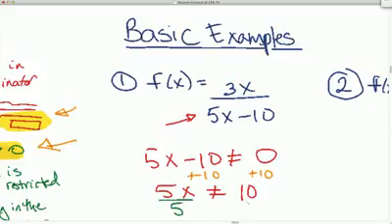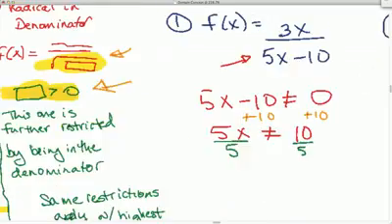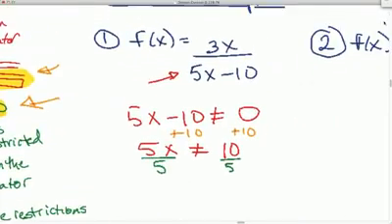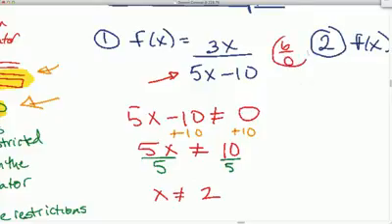That 5 is multiplied, so to undo the multiplication, you divide both sides, and you end up with x cannot equal 2. So everything is defined except 2, because when I plug in 2 here, I'm going to get a 6 over 0, and that's a no-no in math world. That's a singularity, you can't have it.